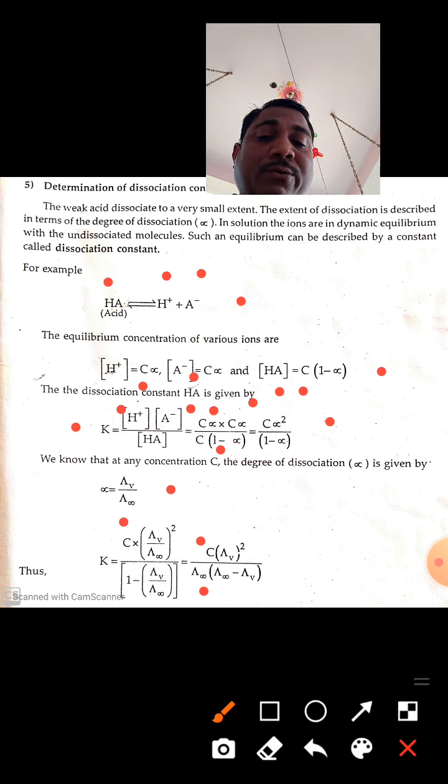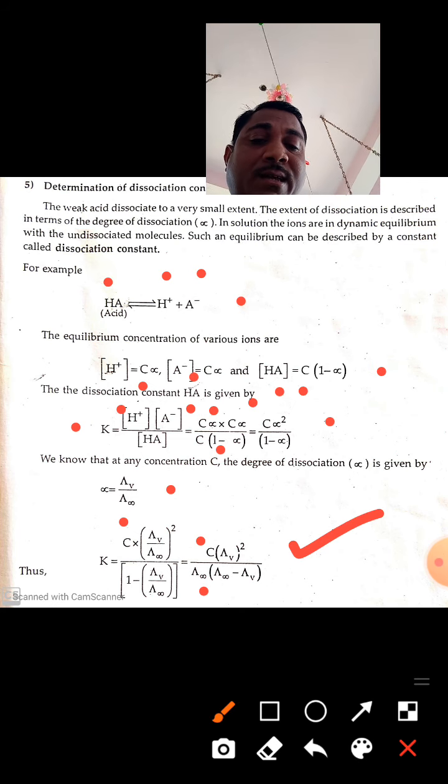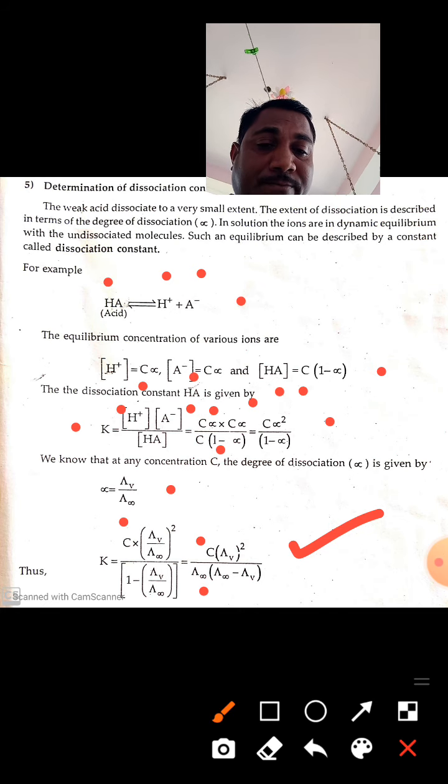After calculation, we get the final answer: K equal to C lambda v square divided by lambda infinity times (lambda infinity minus lambda v).